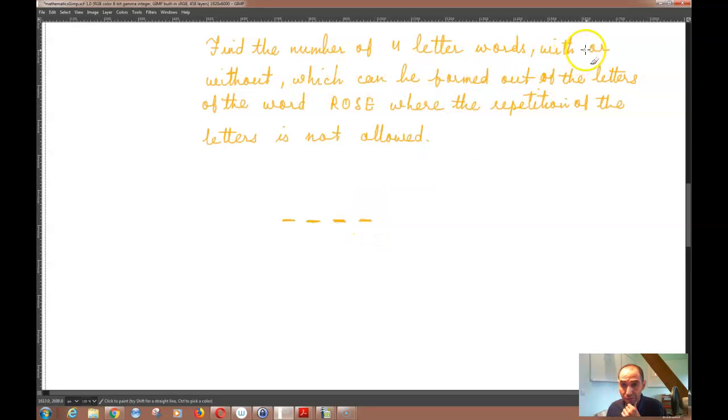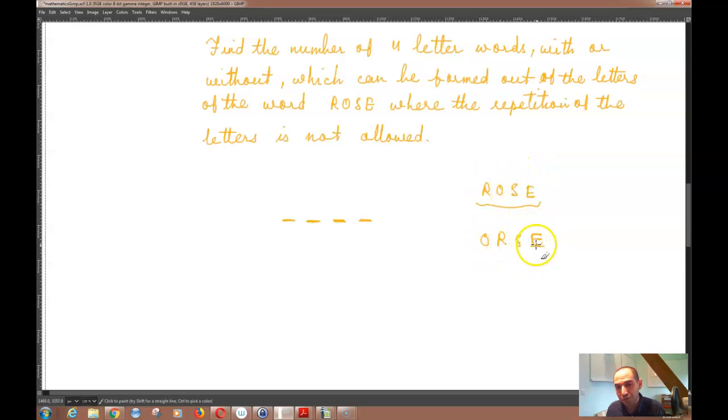Since you're using the letters of the word ROSE, R-O-S-E, these 4 letters, of course you could, for example, start with an O, then an R, then an S and an E. That would be one possible word you can make with these 4 letters.